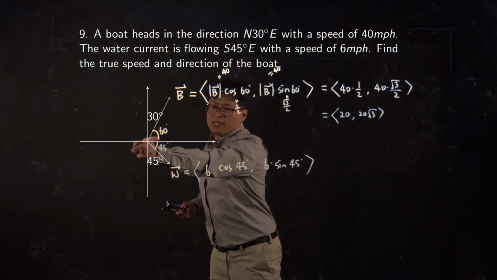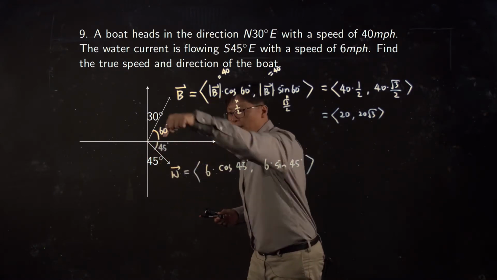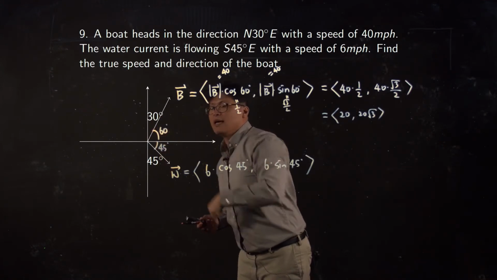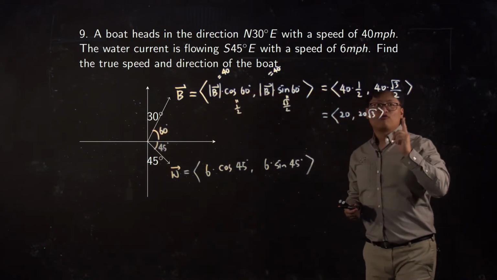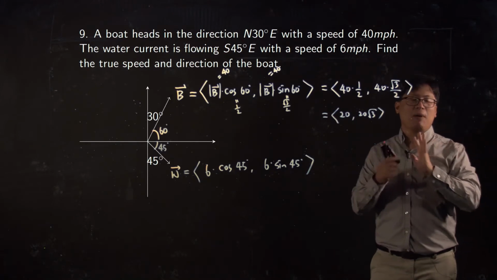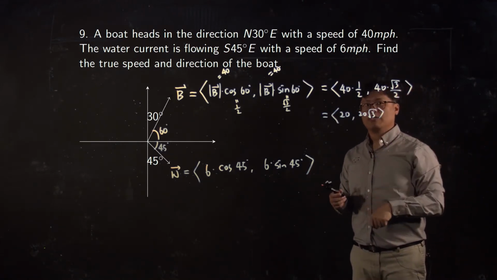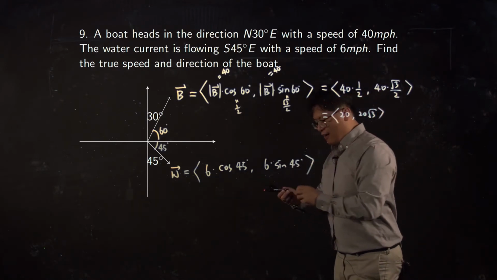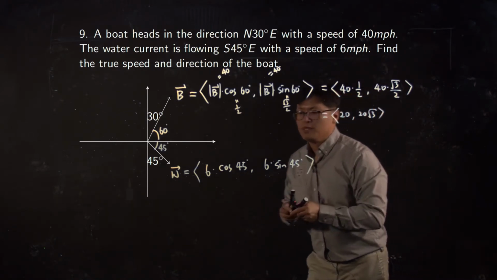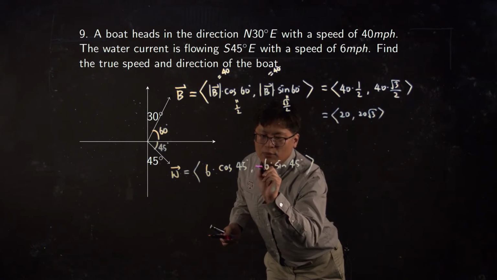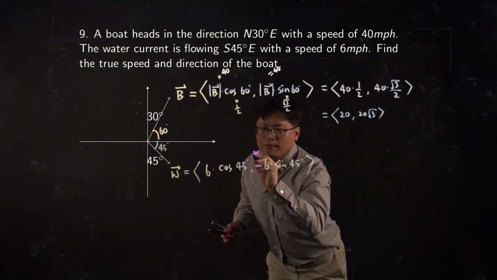The X component is still positive, that's fine, but the Y component is negative. Keep in mind that all the trig functions between 0 and 90 degrees are positive. So if you write it this way, you have to decide the sign yourself. The X component is fine with positive, but the Y component must be negative. That is the important part, okay? Don't forget this one.